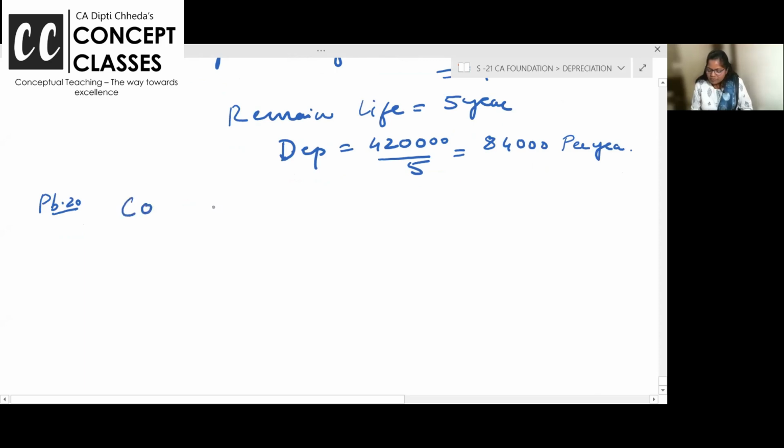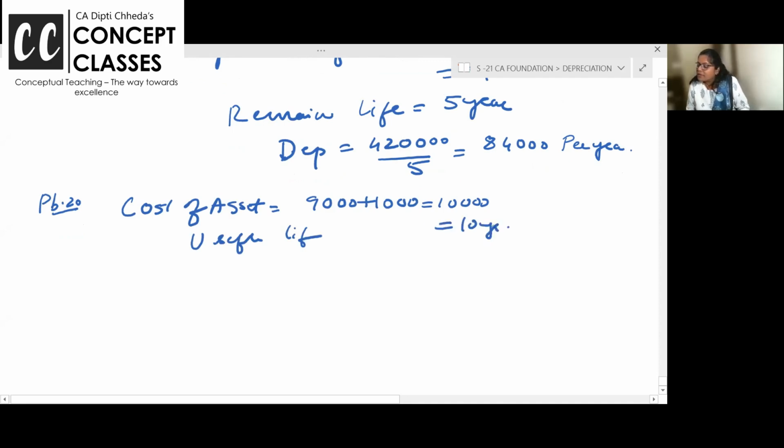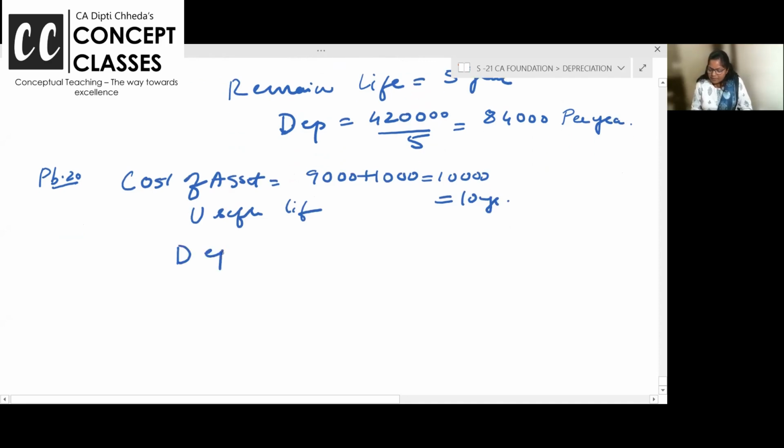What is the cost of the asset? Cost of the asset is 9,000 plus 1,000, that is 10,000. Useful life is 10 years. After 4 years, it is revised. First look at the yearly depreciation: 10,000 divided by 10, that is 1,000 per year.